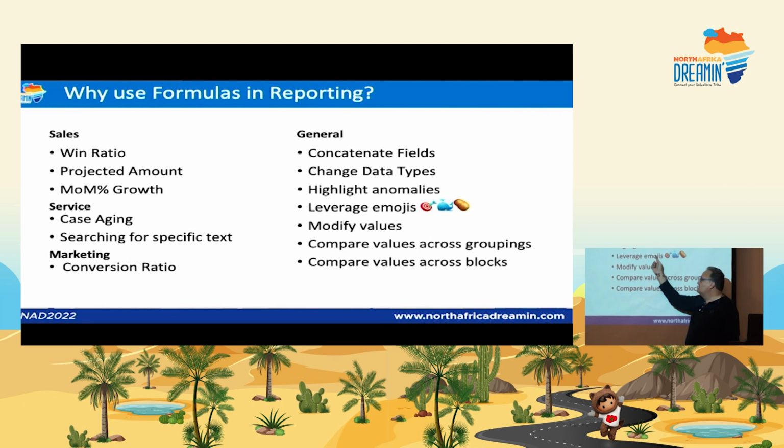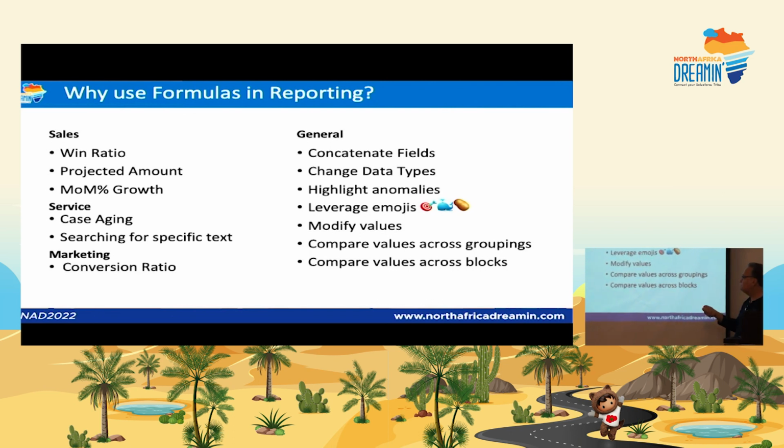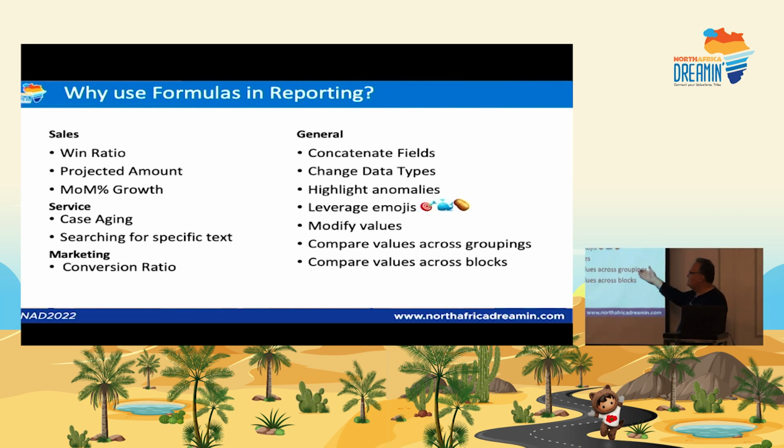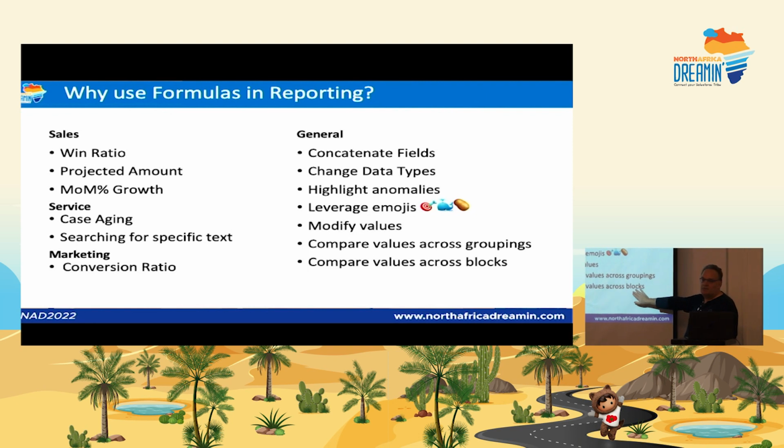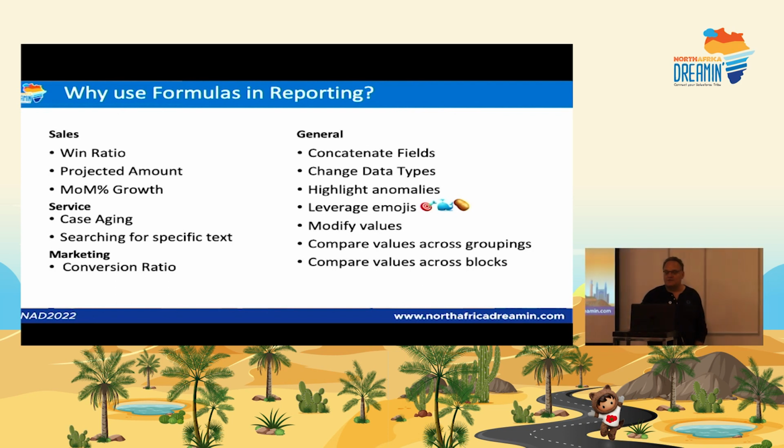A really nice thing you can do is take advantage of emojis and have your formula output show an emoji when there's something wrong with the data. We can modify values, we can compare values across groupings. We can also compare values across blocks. These 2 examples here, there's a pre-group val function and there's a parent group val function. I'll show you both of those. All right, so that's the why.